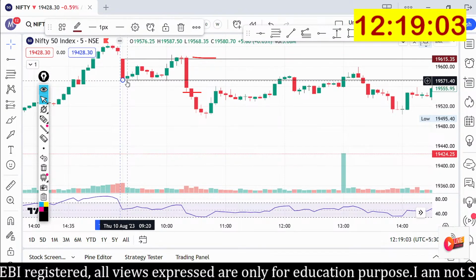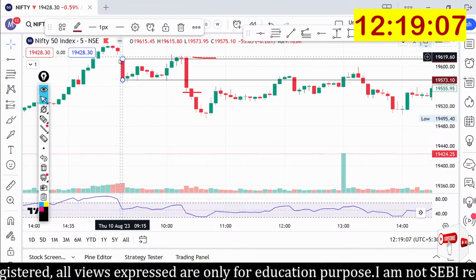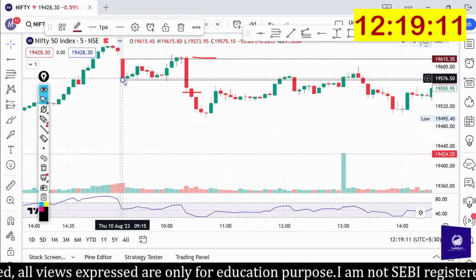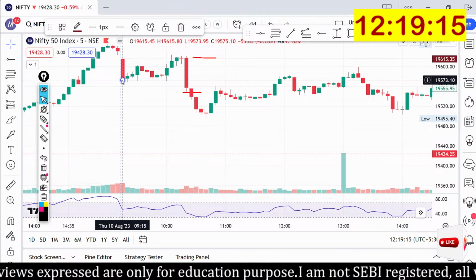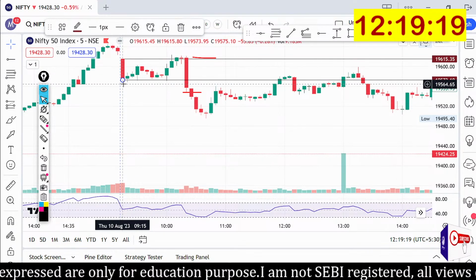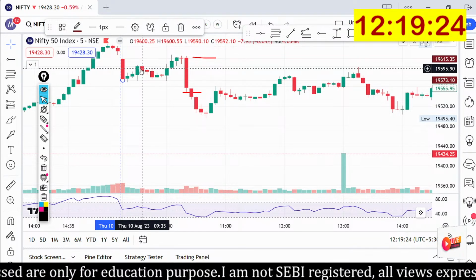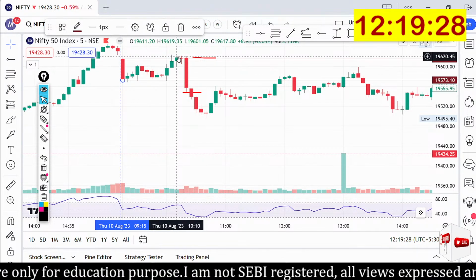Now, when the buyers are coming, look at the buyer strength. This tells you that there are sellers who are very aggressive in this market right now, but when the buyers are coming, buyers are weak. Buyers are not able to take this market up, right?